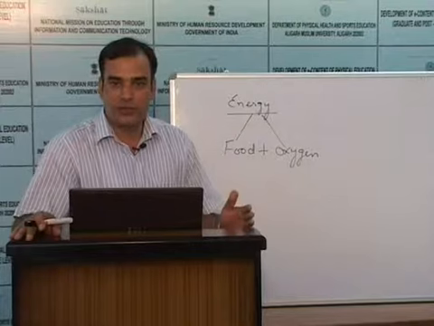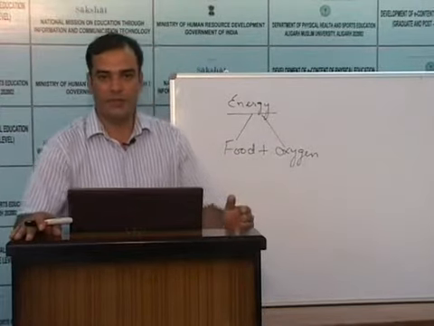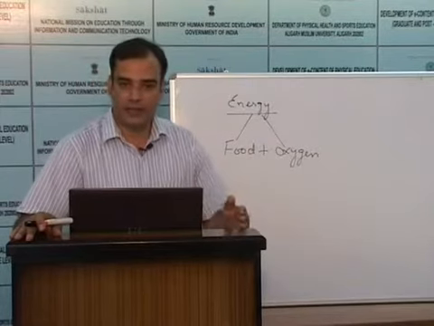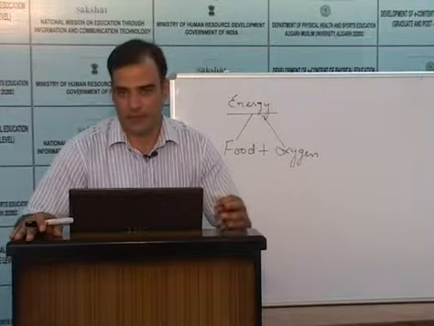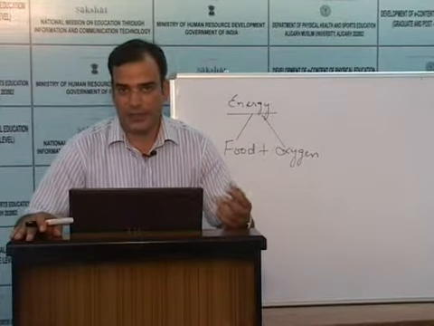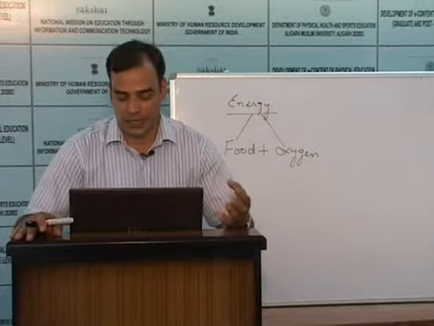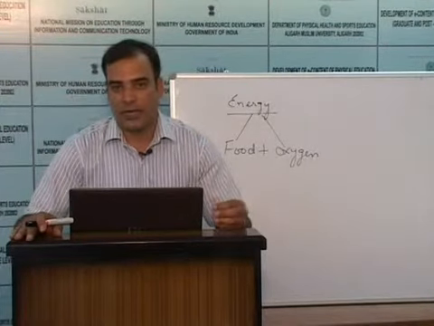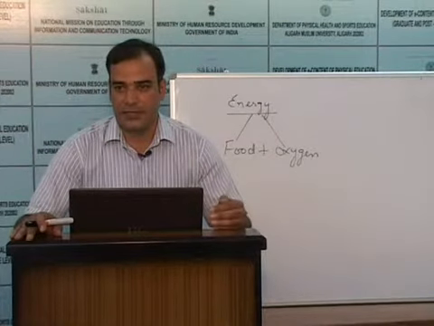It also produces a secretion called bile. Bile is a secretion produced by the liver that is very important for the digestion of fats. The fats that we take in our food cannot be digested unless they are acted upon by the bile secreted by the liver.